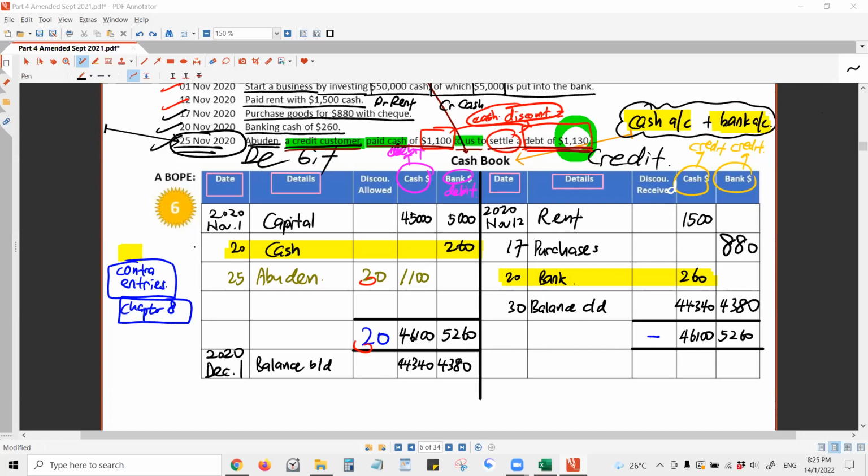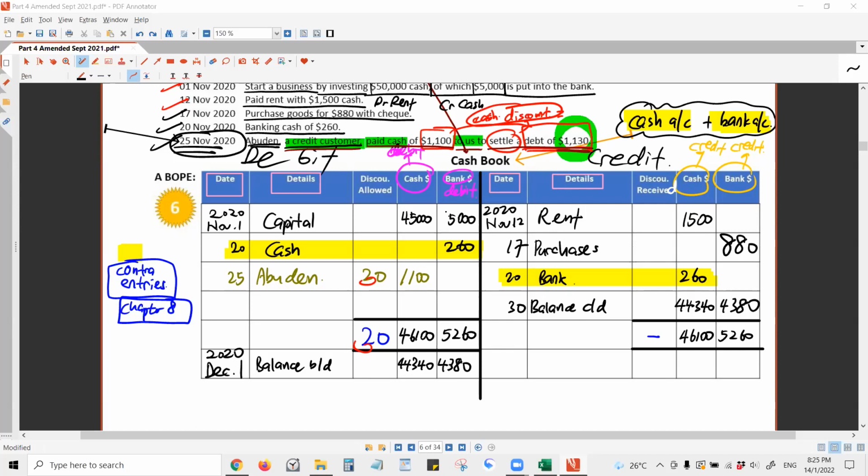When your cash book is like mine, you type done. Maybe he has a problem opening up the box.